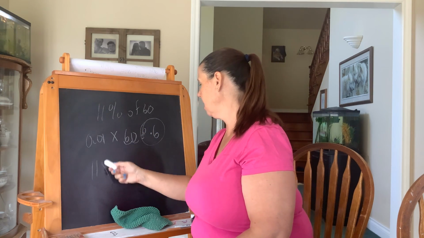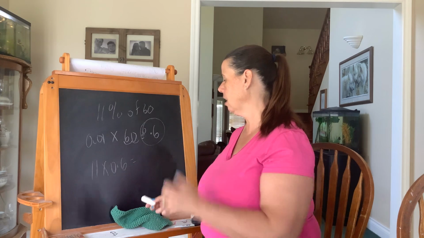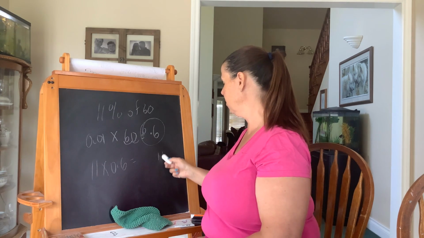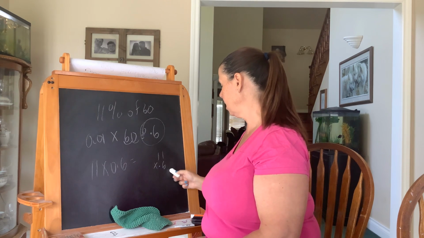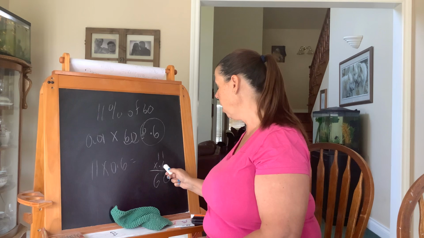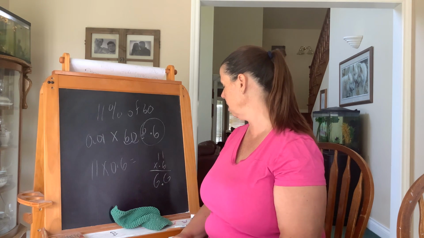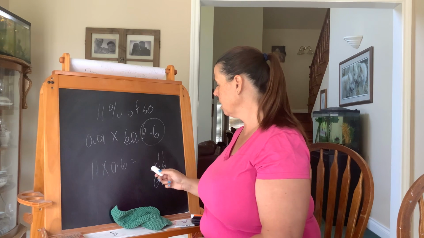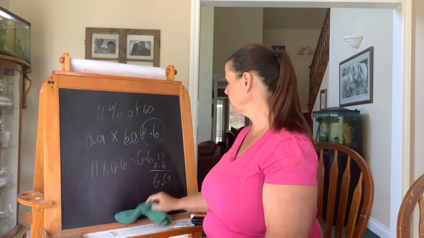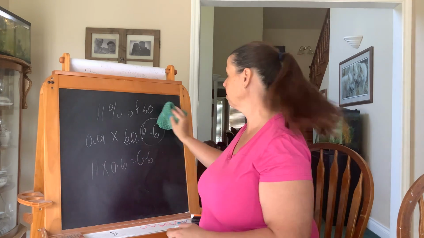So 11 times 0.6. Well, I know that 11, maybe I should stack this up. Let's see. 11 times decimal 6. 6 times 1 is 6. 6 times 1 is 6. I have one number behind a decimal, so I have to have one number behind a decimal in my answer. So 11 times decimal 6 is 6 decimal 6. Okay? Go answer the rest of the question.